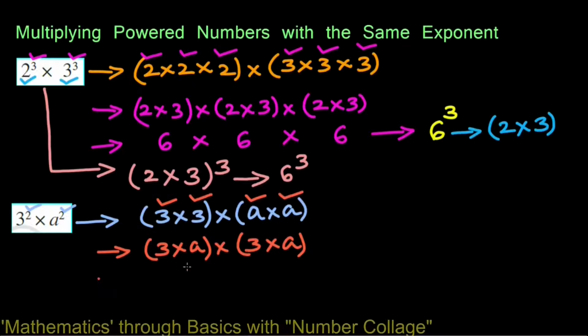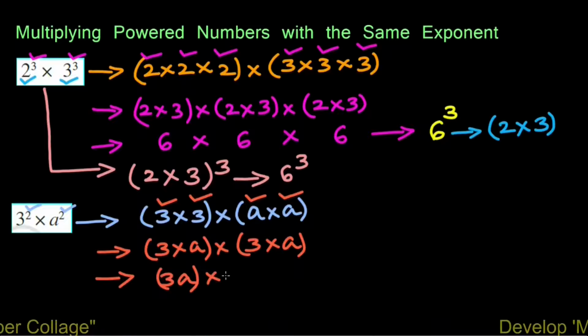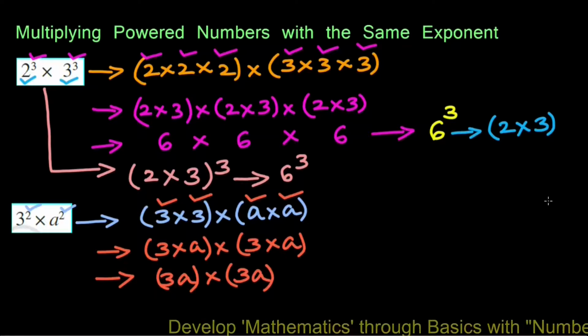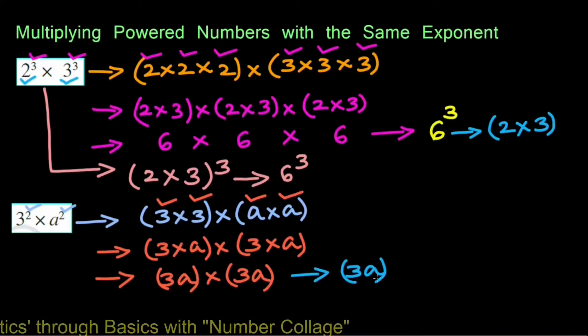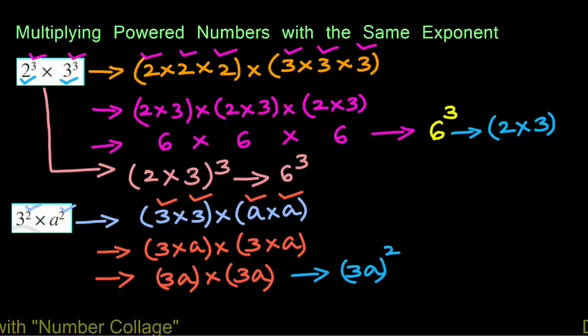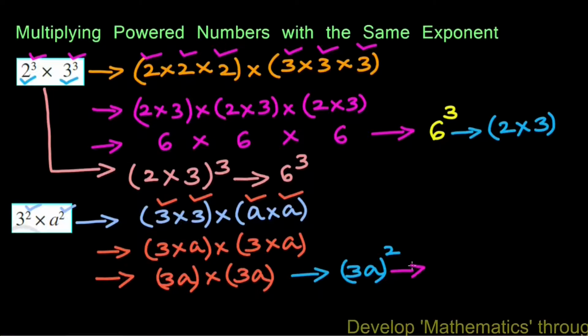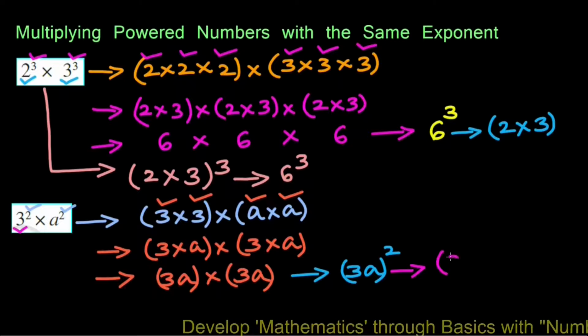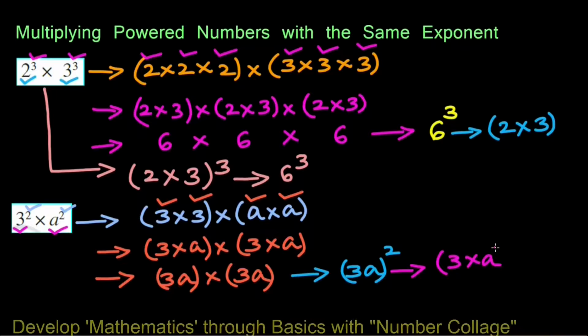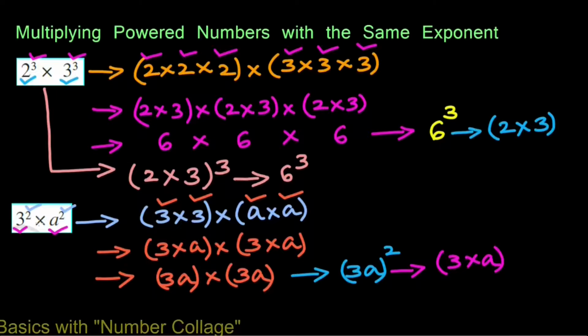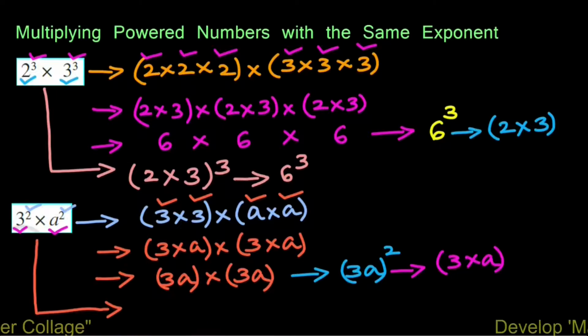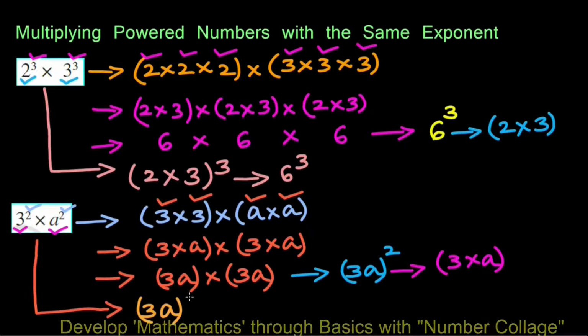So that will be 3a multiplied by 3a, which will be 3a, which is the base, raised to 2. Now here this 3a can be obtained by multiplying the bases, which are 3 and a. Therefore we can write 3 squared multiplied by a squared directly as 3a squared.